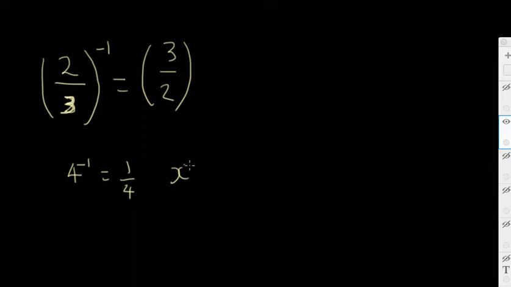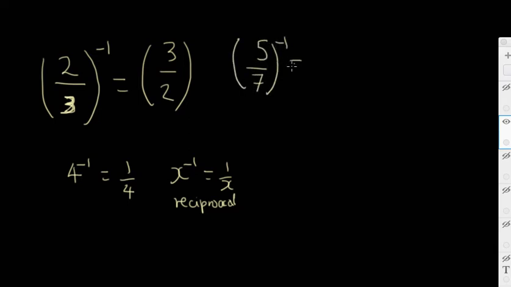So x to the minus 1, that's the notation for the reciprocal, is 1 over x. So that was just a little aside. So say we had the reciprocal of 5 over 7. We just flip this fraction, so it's 7 over 5.